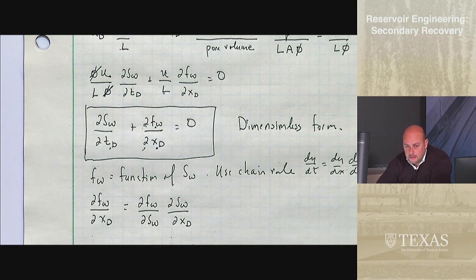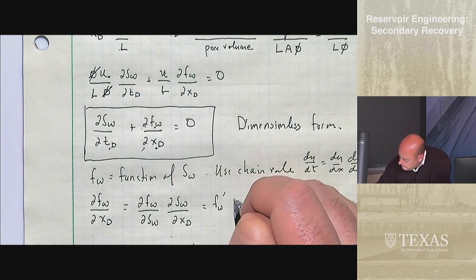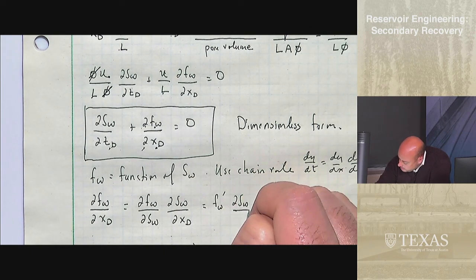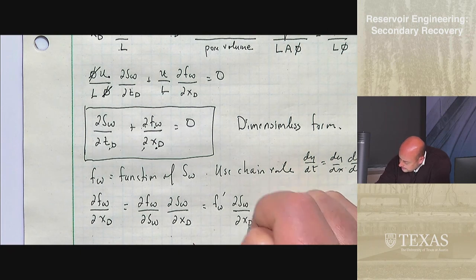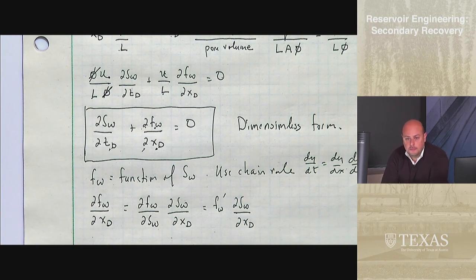Sometimes I'll leave it like this. Sometimes I'll use a shorthand form. I'll say fw prime dSw/dxD. So fw prime is just the derivative of fractional flow with respect to saturation.